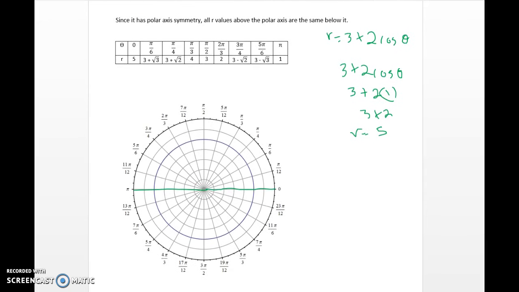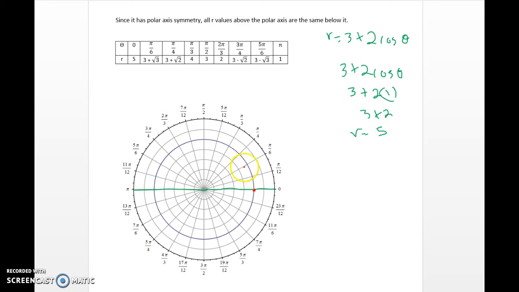And I'm going to graph these points. When theta is 0, r is 5. So that's 1, 2, 3, 4, 5. When theta is pi over 6, r is 3 plus root 3, which is 4.7. So pi over 6, r is 4.7. 1, 2, 3, 4.